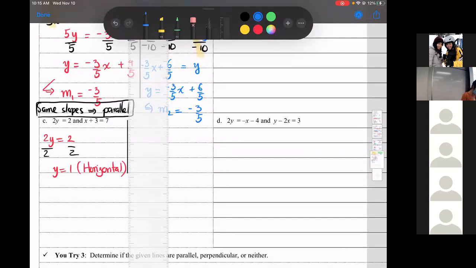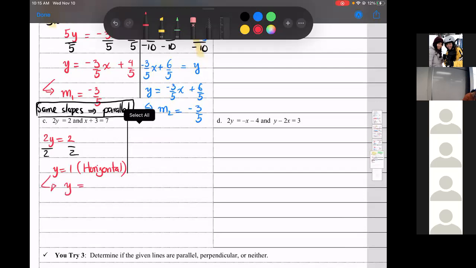Now, if it's horizontal, what is the slope? Just 0, right? So this one right here, I can rewrite as y equals 0x plus 1. It's the same thing as saying y equals 1, right? So this one implies the slope is 0.